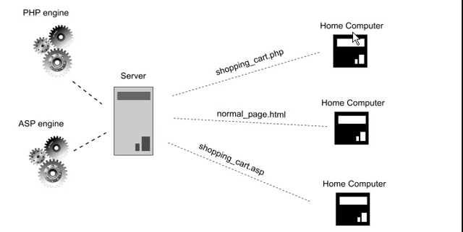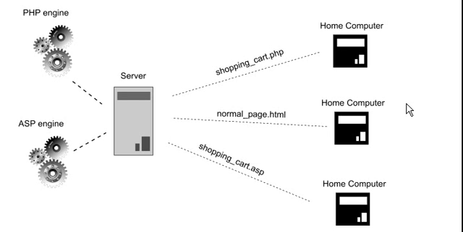So what does this have to do with client-side programming versus server-side programming? First of all, we understand the whole process that goes on behind the scenes when web pages, or PHP pages or ASP pages, etc., are requested by various client computers.